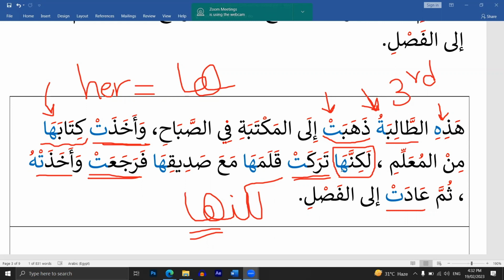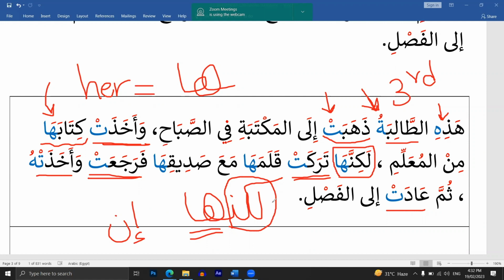لكن, if you want to know exactly what is the position of this pronoun, you identify the type of the word it is connected to. لكن, is it a noun, a verb, or a preposition? It's one of the sisters of إن: إن, لكن, أن, كأن, لكن.